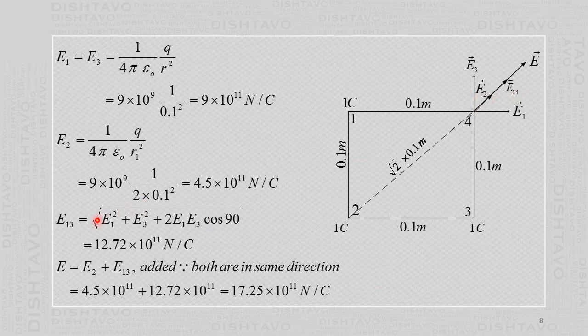The formula is the square root of E2 square plus E13 square plus 2 E2 E13 cos 0. Cos 0 is 1, so you get the square root of the whole square of E2 plus E13. Since E2 and E13 are in the same direction, their resultant simply adds up, and this will be the resultant vector E. So I have written here E2 plus E13. When you add the values of E2 and E13, you will get 17.25 into 10 raised to 11 newtons per coulomb.